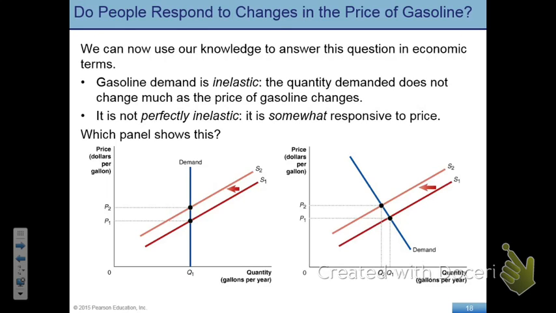Okay. What is the implication of the demand curve for gasoline being inelastic? Why are we interested in learning about whether our demand curve is elastic or inelastic?